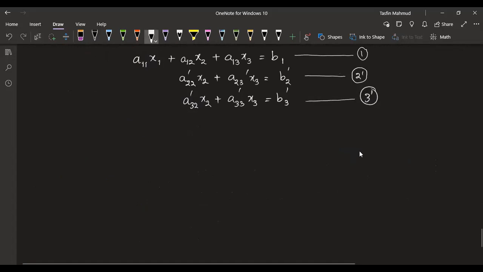As I mentioned, the pivot elements will always be the diagonal elements. So this A32' is below the diagonal element A22'. So now this 2' equation would be our pivot equation.